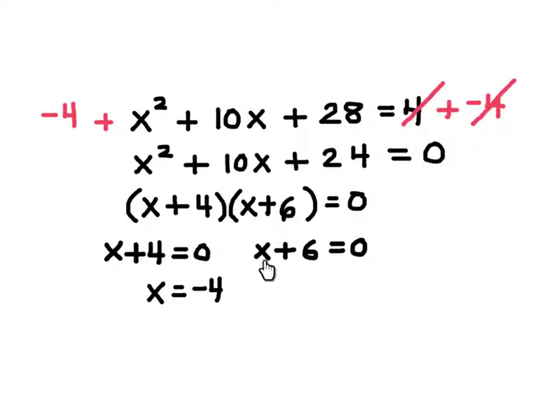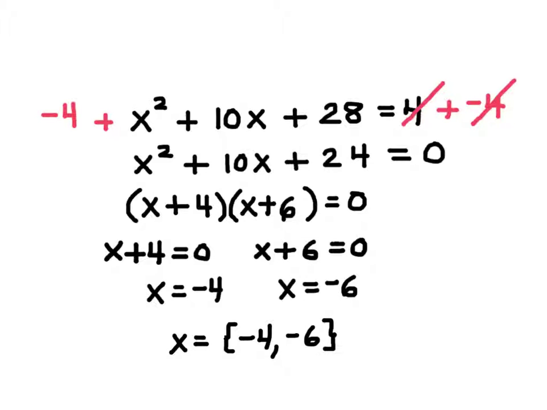In our second equation, we can add a negative 6 to both sides, and we get x is equal to negative 6. So our solution to the original equation here is that x is either equal to a negative 4 or a negative 6.